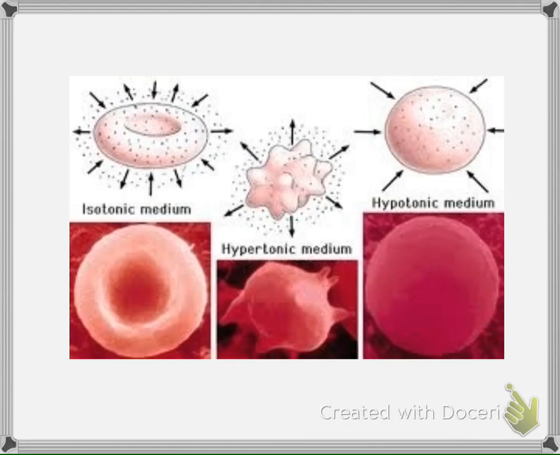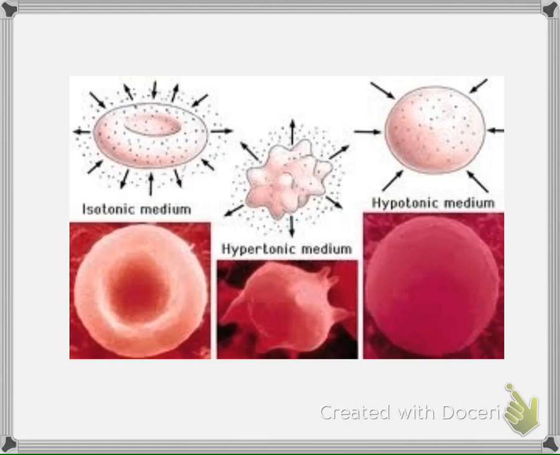So look at what's happening here to the red blood cell. If the solution is higher concentration, well then the solvent in the red blood cell is going to cross the membrane of the red blood cell because it is a semipermeable membrane, and the red blood cell is going to lose solvent. And so what's happening to it is it shrivels up, and that is called crenation. Have y'all heard that term at some point? Okay, it deals with osmosis and the concentration of the solution.